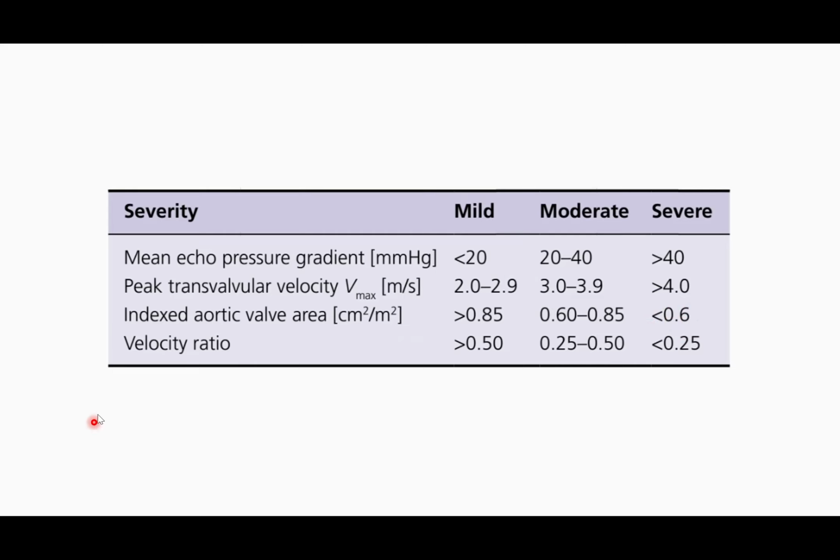Velocity ratio is a dimensionless measurement. We compare the velocity of blood at the aortic valve and at the LVOT. So the blood accelerates from the LVOT to the aortic valve.